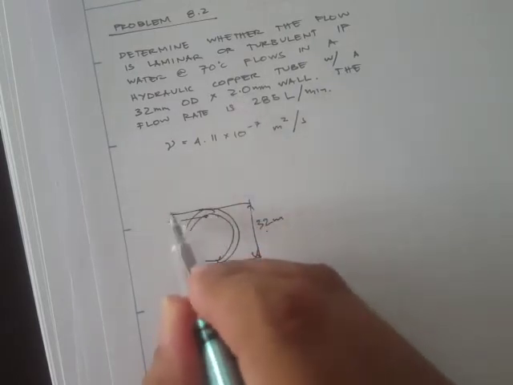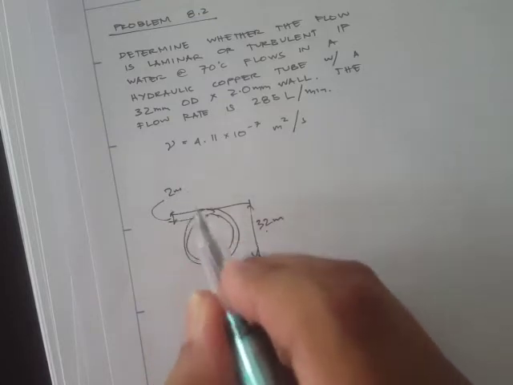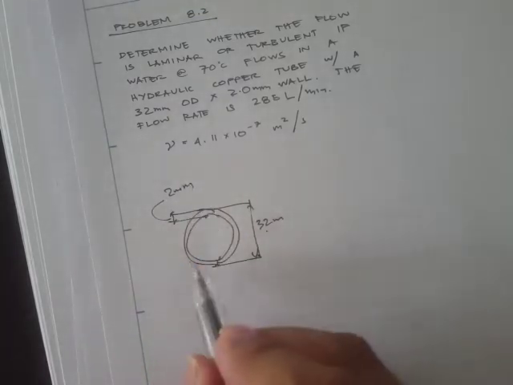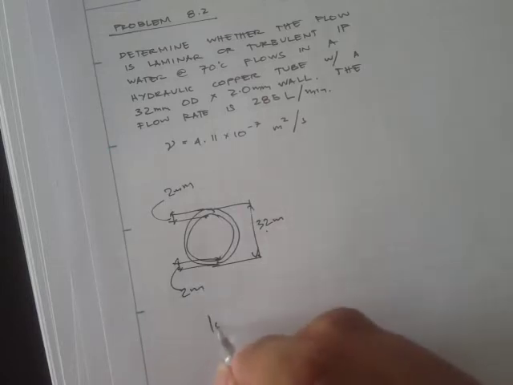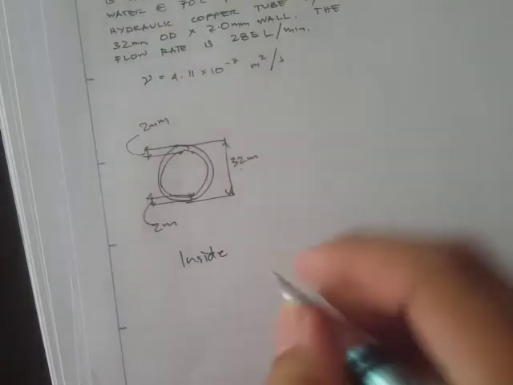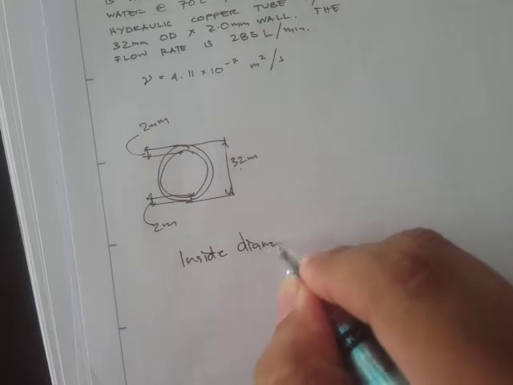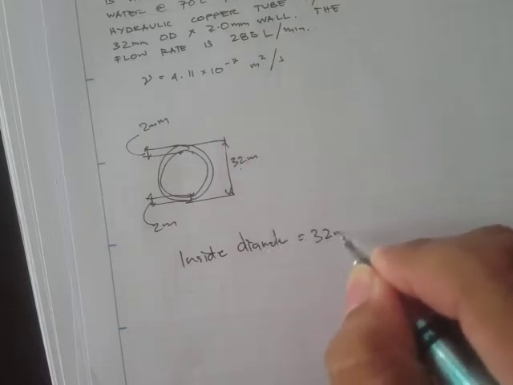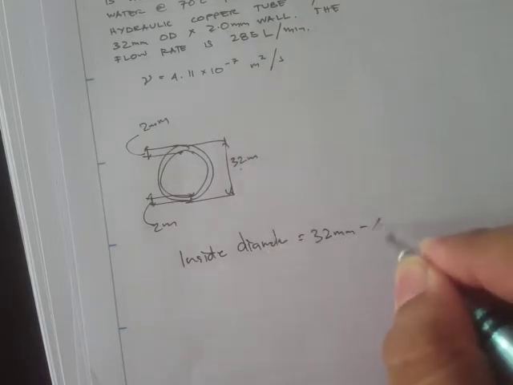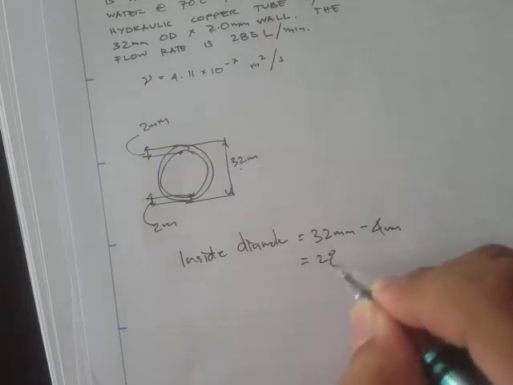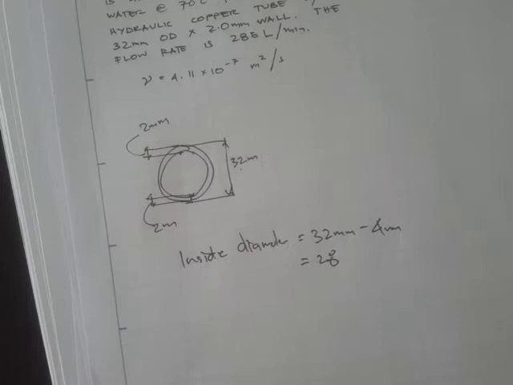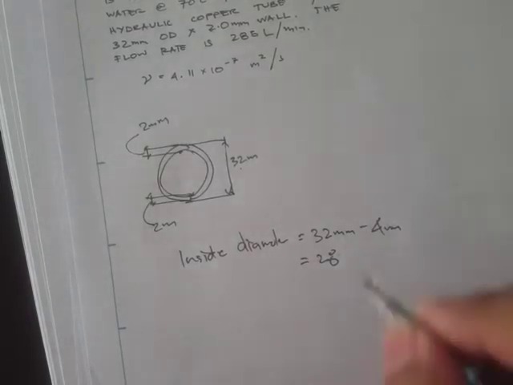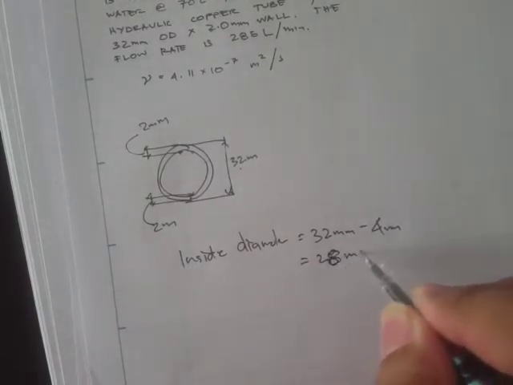So the wall thickness, that's 2 mm right here, and another wall thickness right here of 2 mm, and therefore our inside diameter is equal to 32 mm minus 4 mm, which is just 28 mm, right? So 28 mm.